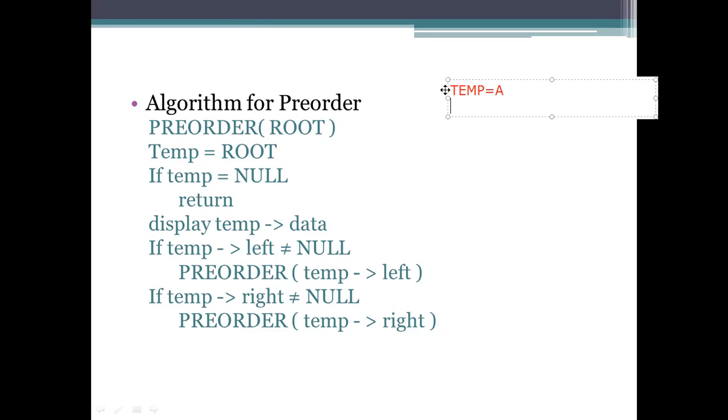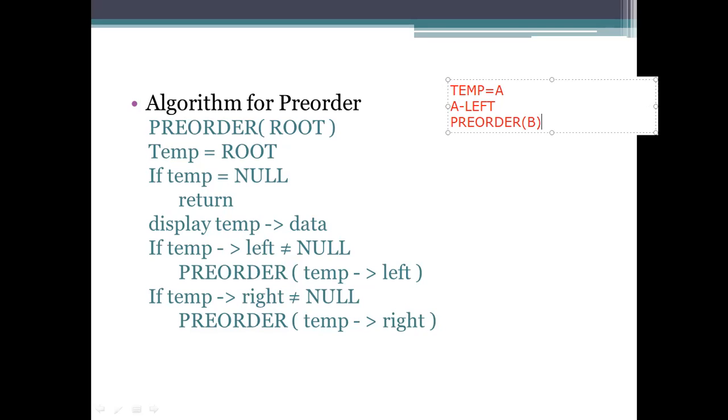What happens here? It has to go for the next processing. So temp, that is A, is having data or not. A is having the data. Yes, A is having the left child. So move to A's left. A is having the left child here. So make temp's left B now.